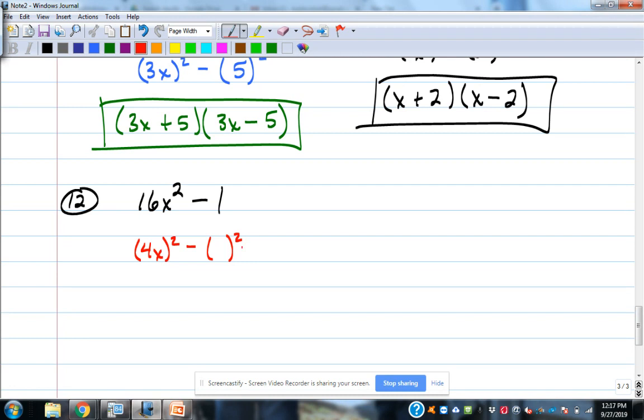What squared is 1? 1. 1 is a square number because 1 times 1 is 1. Okay, so what are our factors? Yeah, 4x plus 1, 4x minus 1. What if we had 16x squared minus 18?